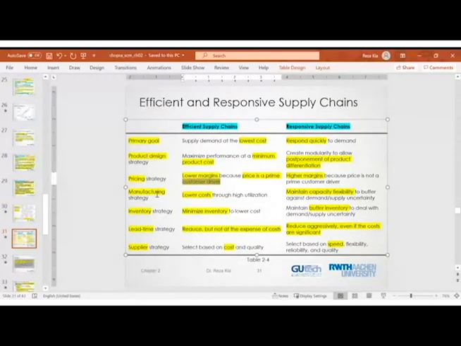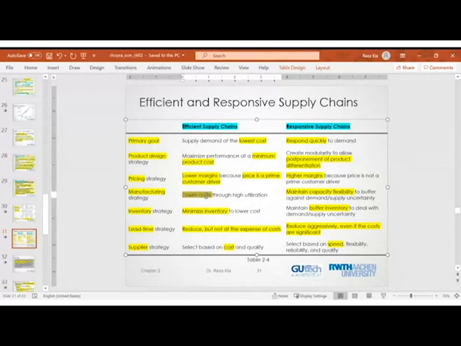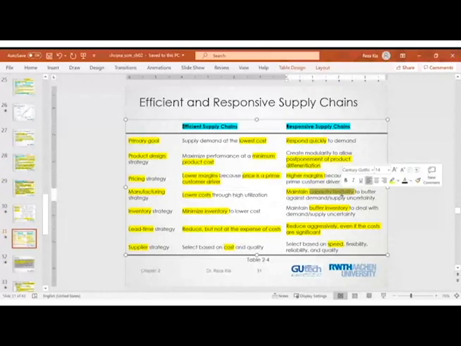In manufacturing strategy, again, if we want to be efficient, we need to reduce the cost. But in a responsive supply chain, we need to increase the capacity flexibility. Because for a responsive supply chain, you are supposed to be capable of addressing a wide range of demand.